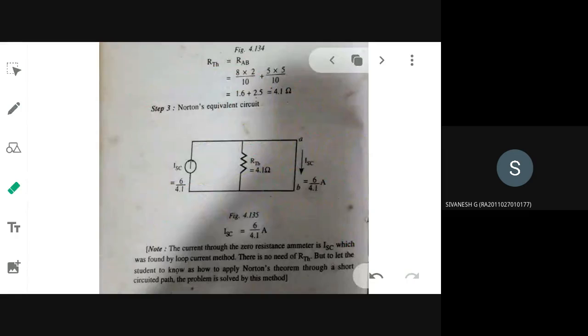So this is for problems relevant to what theorem? Norton's theorem. So if they ask you to proceed with Norton's theorem, what is the procedure that you will follow? You need to find out two parameters. One is short circuit current or Norton's current, and the other is R Thevenin. How will you proceed with the ISC?